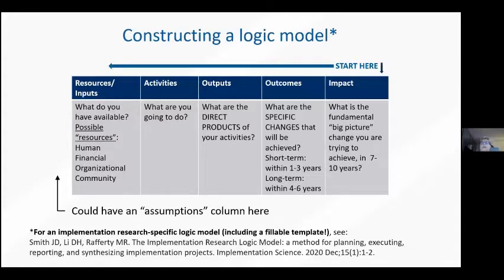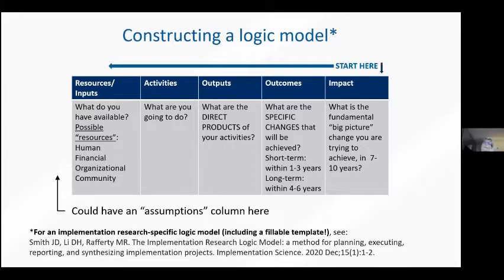So you really think about, if I do what I really want to do in my life for the next 10 years, I am going to affect this particular change. That's usually not the change we can achieve within the funding parameters of a 4-year project, a 5-year project, a 3-year project. But you want that big picture of like, what is this really about? And I'll give you an example in a minute.